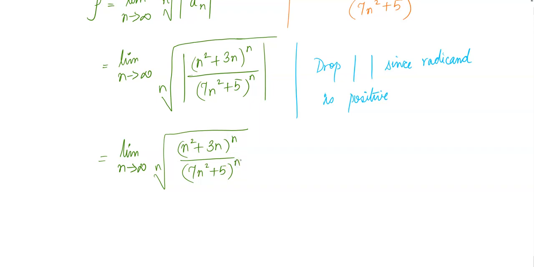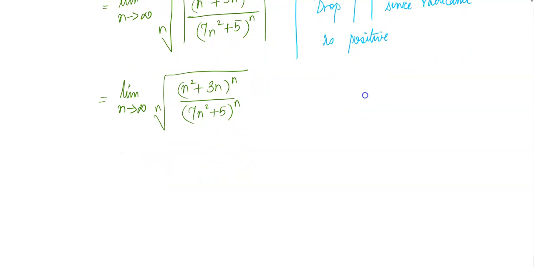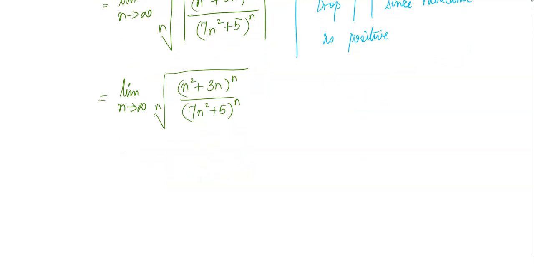Now that it's being dropped, what is nice is that we can now write the numerator and the denominator together. They each have the power n, so we can write them as a single fraction, a single ratio with the power n. And that's my next step.